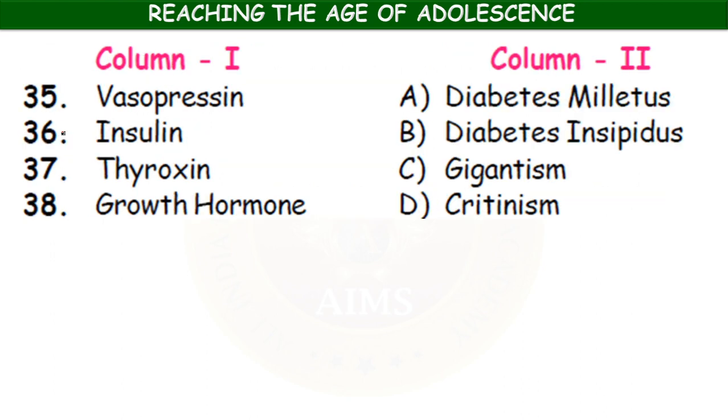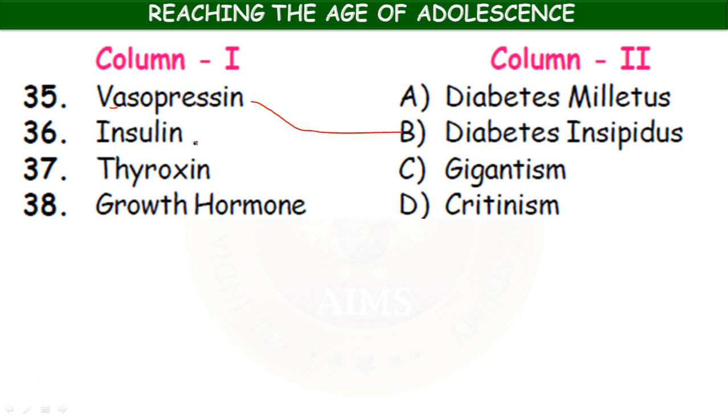Here is a match the following type question. Sometimes codes are given below. Column 1 items: vasopressin, insulin, thyroxin, growth hormone. Column 2 items: diabetes mellitus, diabetes insipidus, gigantism, cretinism. Let us match. Vasopressin hyposecretion leads to diabetes insipidus.